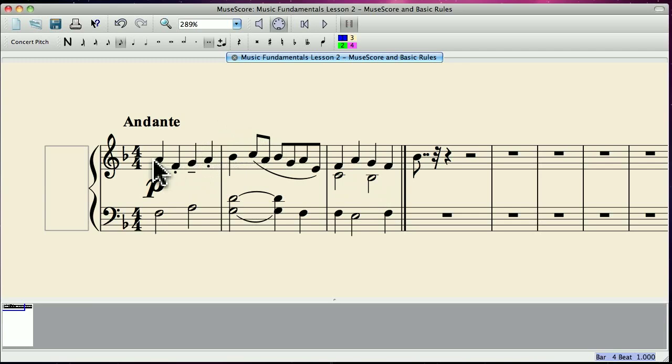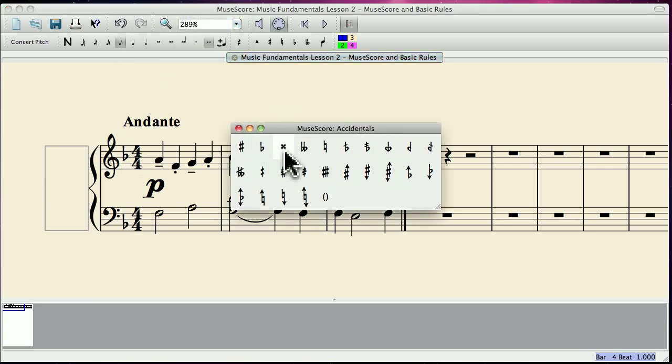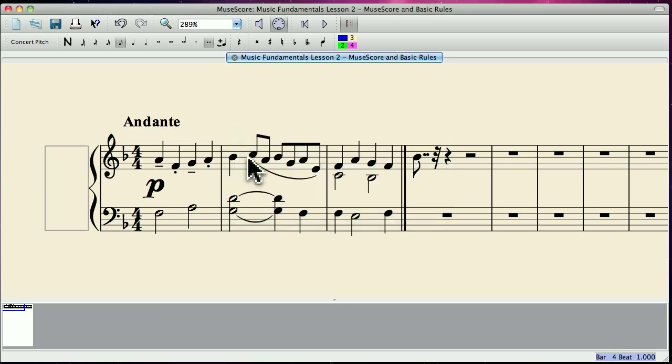Lastly, accidentals. If you remember, accidentals are these signs here. Let me bring them up. There's the sharp and the flat and so on that we talked about last time. When you need to use an accidental on a note, it goes before the note head, never after. That's a common mistake made by people. The accidental always goes before the note head, and it goes on the same line or space that the note is on.